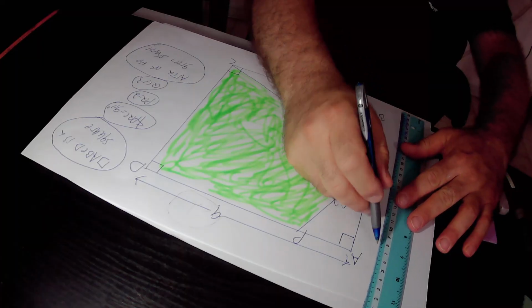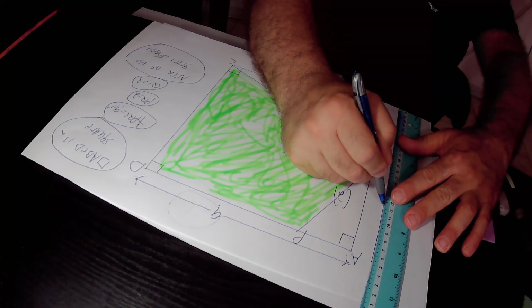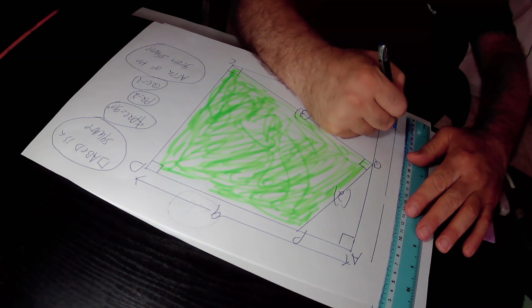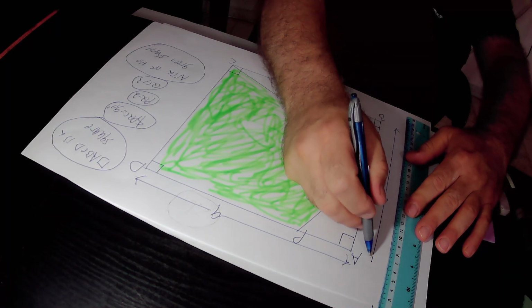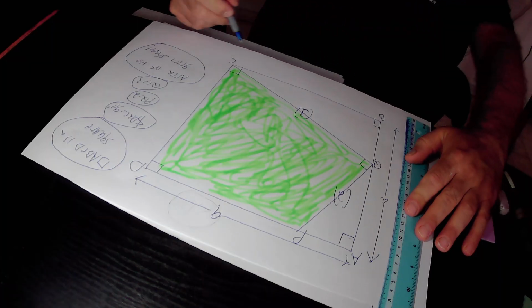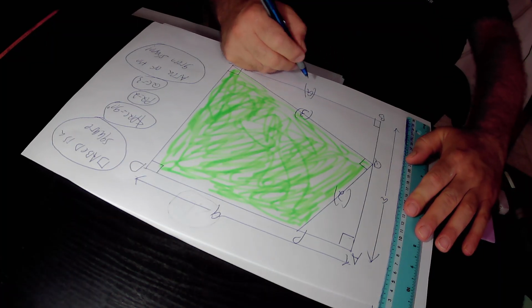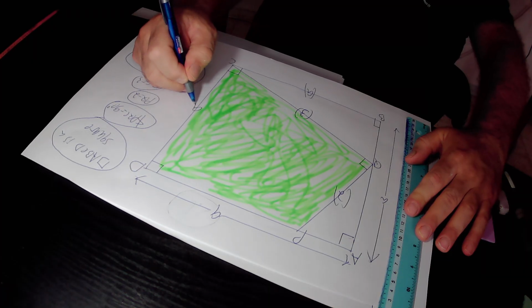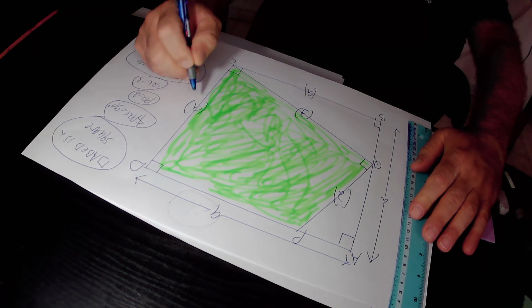This is side AB, which also equals A units. Side BC equals A units in its length.